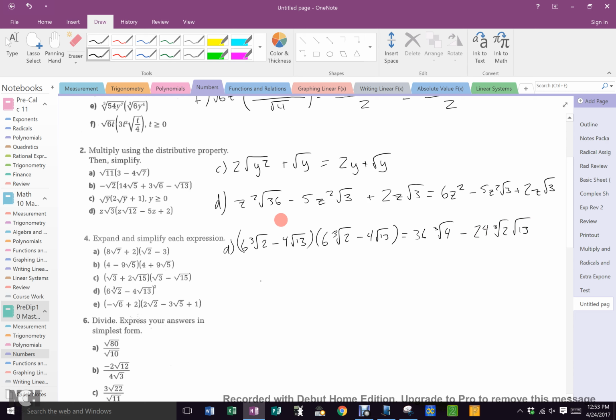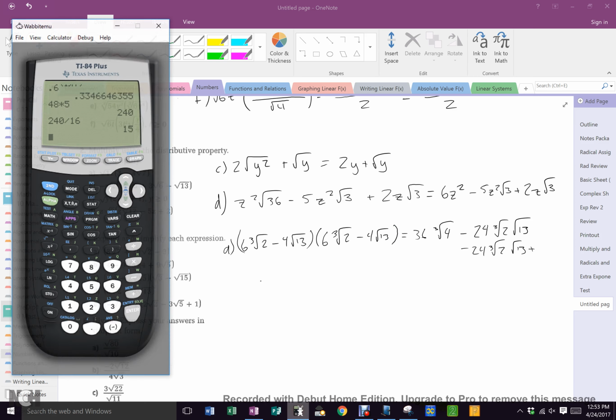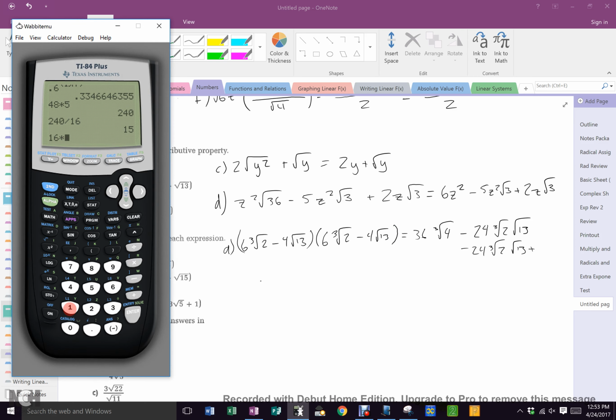Then, new term, minus 24, again, minus 24 cube root 2 root 13, and plus 4 times 4 is 16, 13 times 13 is 169, 16 times 16 times 13 is, let's do some math, 16 times 13 is 208.